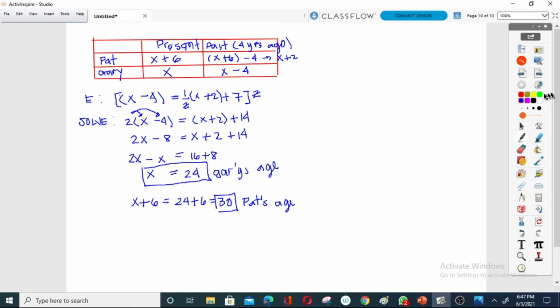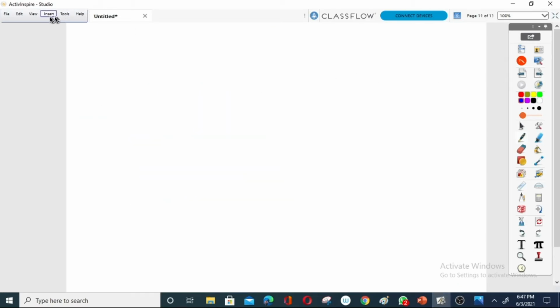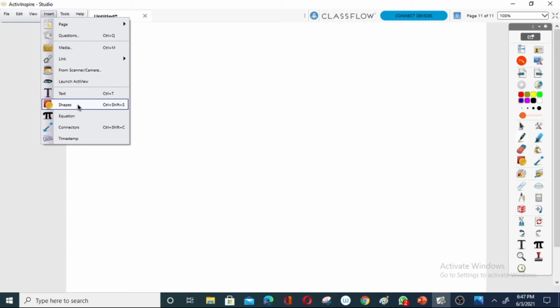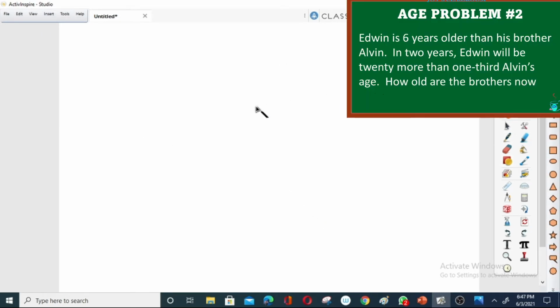Again, our technique is, let us draw a column. It involves two persons again.